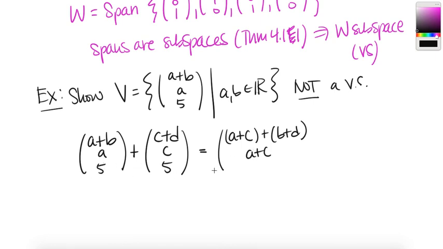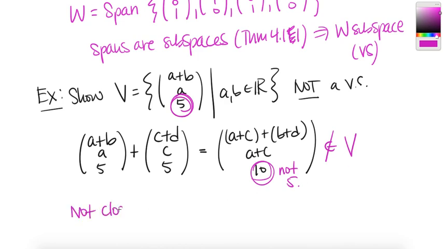And then down here, I get 5 and 5, which is 10. But to be in my space, that has to be a 5. This is decidedly not 5. So this thing that we got by adding them together is not in V. It's not closed under plus, which means that it's not a vector space. All right.